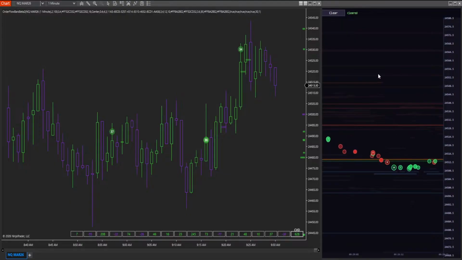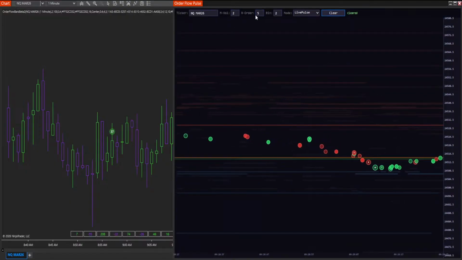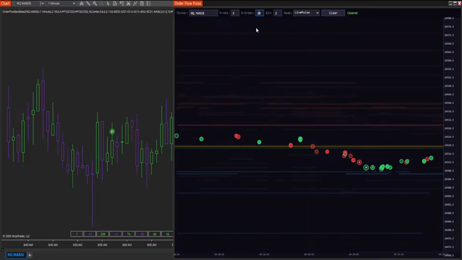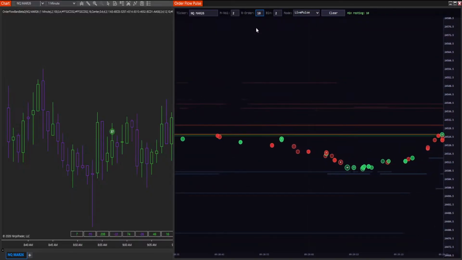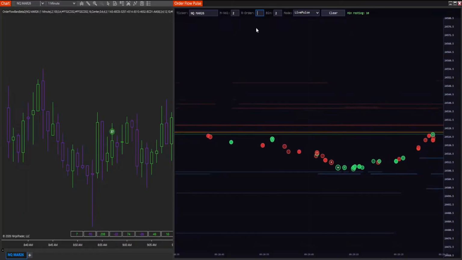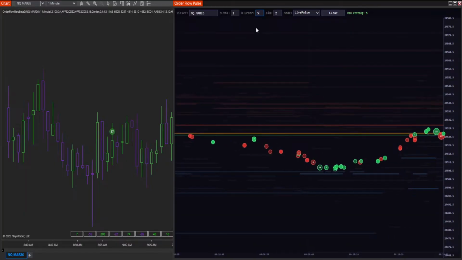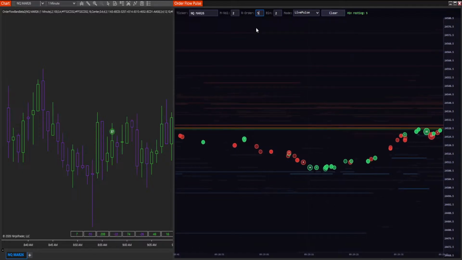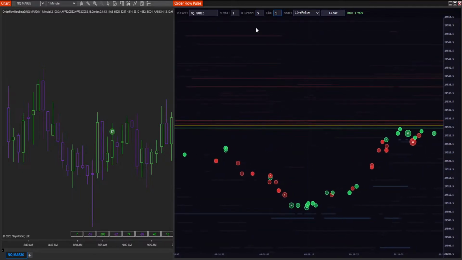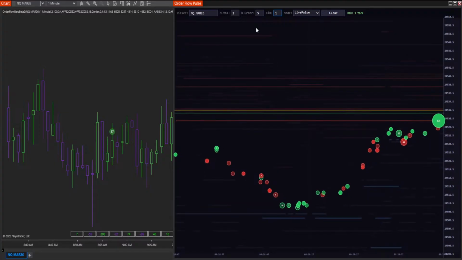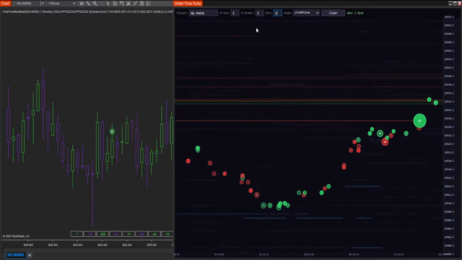When we open up, also I changed it so for resting orders, you can change this to 10, and that will only show you the 10 resting orders. If you change it to 5, that'll show you more resting orders. I have the bin set to 2, but you can set it to 1 if you want. We're getting ready to open up here pretty shortly.